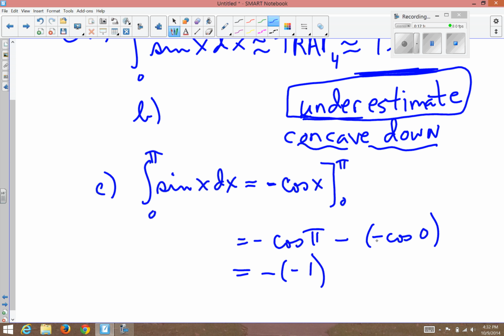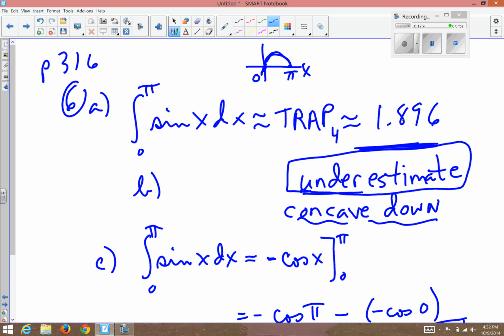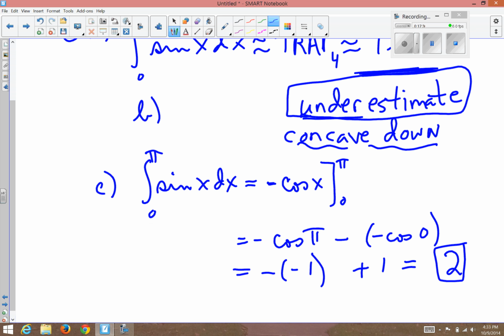The cosine of 0 is 1. This says negative, so that's plus 1. And that means the exact value of this integral is really 2. And as we said, 1.896 is close to 2, but it's an underestimate. The end.